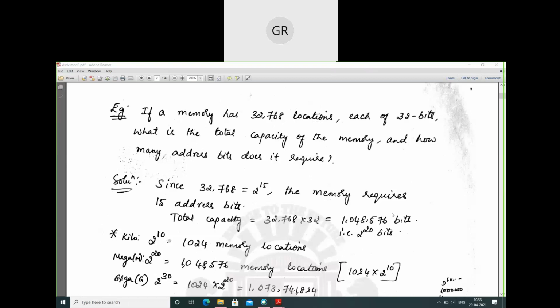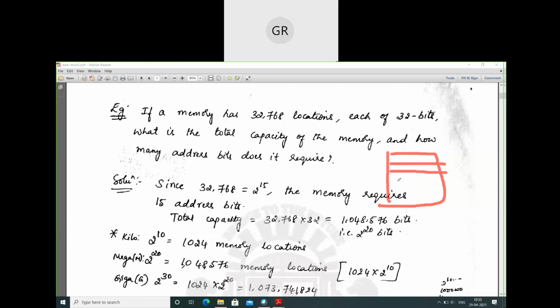Just remember, this is the memory block. These are each of the locations here.